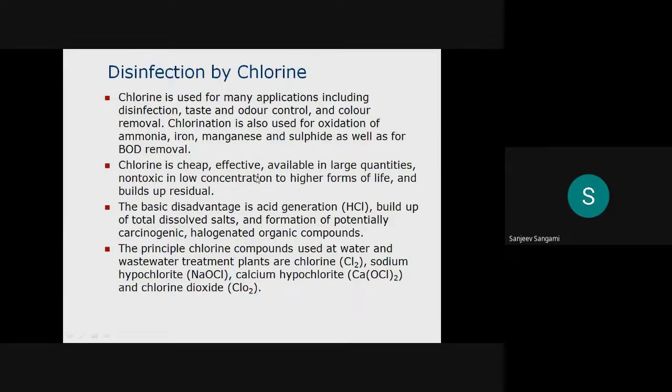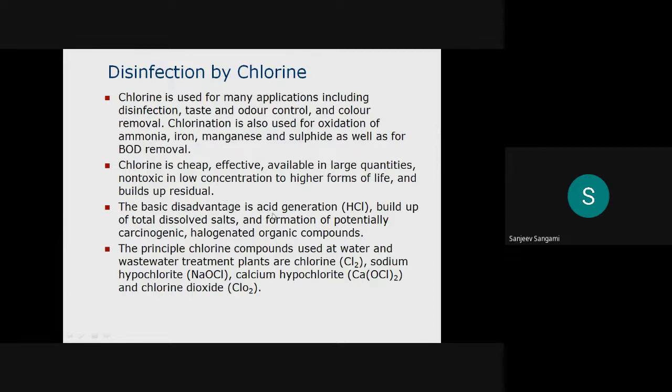Chlorine is cheap, effective, and available in large quantities. It is non-toxic in low concentration to higher forms of life and builds up residual. As I already discussed, the residual chlorine or residual disinfectant is required to prevent further contamination in the pipelines.